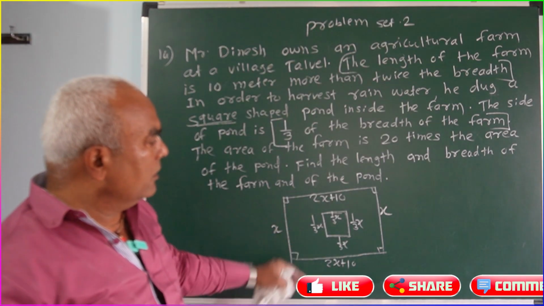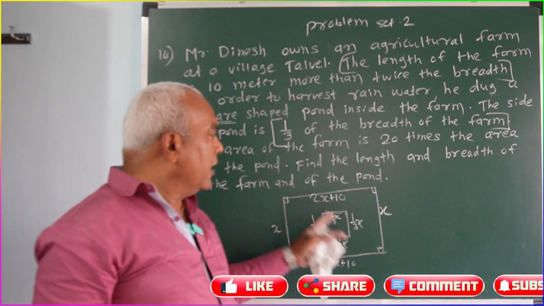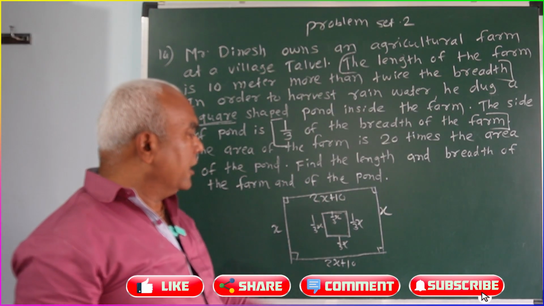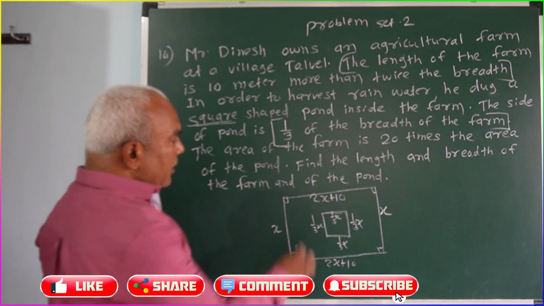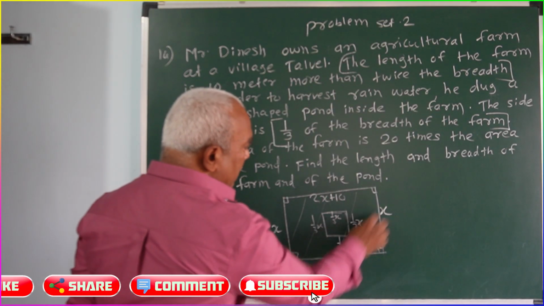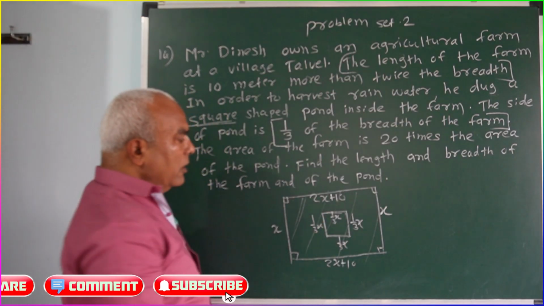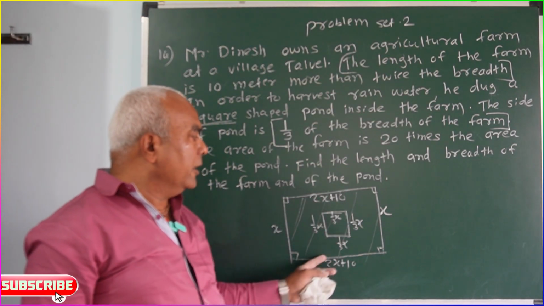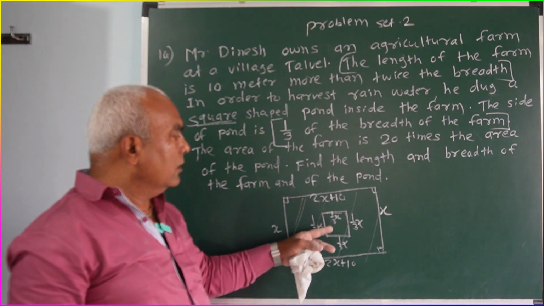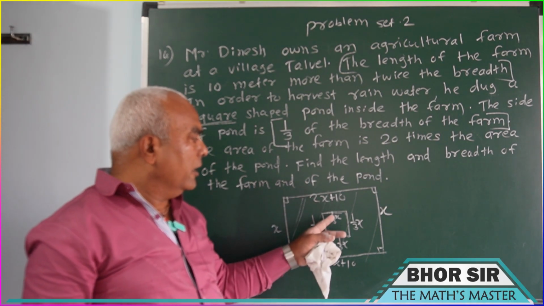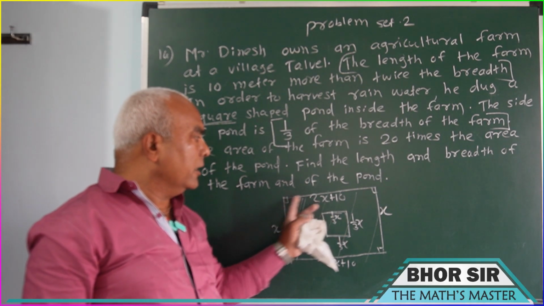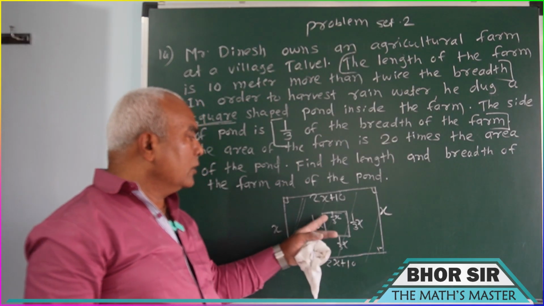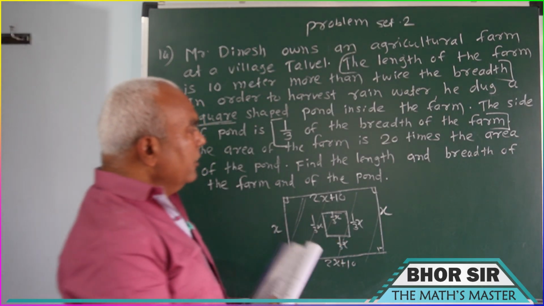Understand this much? And what they said: the area of the original farm, before digging the pond, is 20 times the area of the pond.